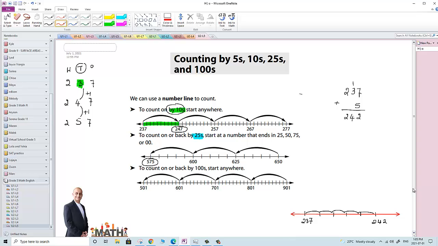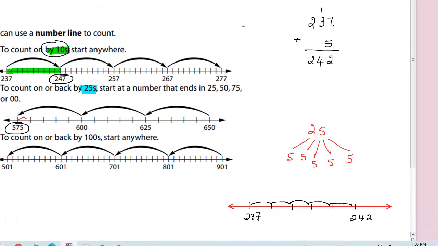I know that 25 I can divide into 5 pieces: 5, 5, 5, 5, 5. 5 and 5 is 10, 5 and 5 is 10, 10 and 10 is 20, and 5. So 25 I can use this way. So I can add on the number line and I can skip by 5. This is the first 5, this is the second, third, fourth, and fifth.